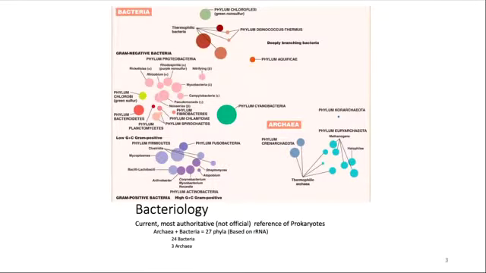So one resource that is heavily relied on, although it's not an official reference, but it's a very authoritative reference for classification of organisms, is the Bergey's Manual of Systematic Bacteriology, which relies on the rRNA sequences of organisms.